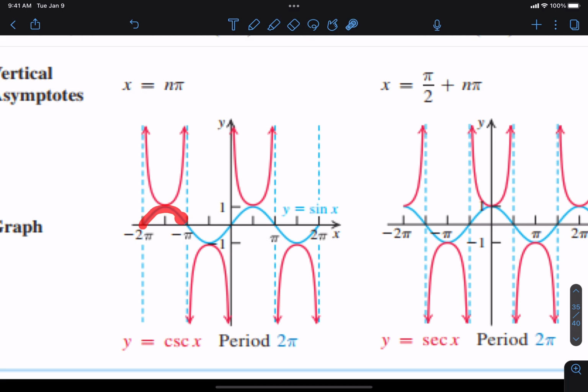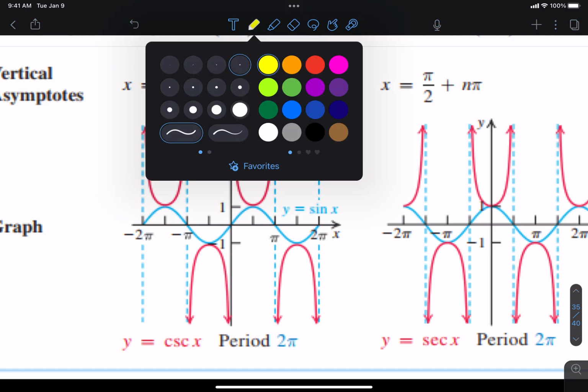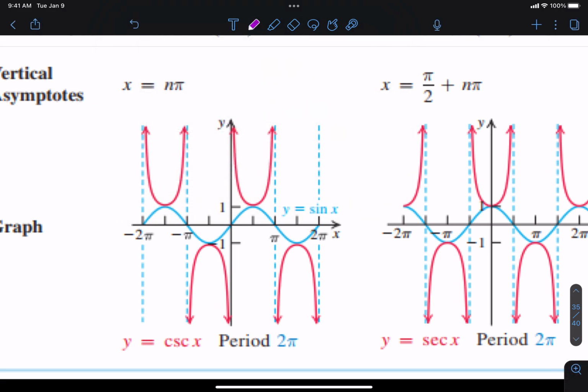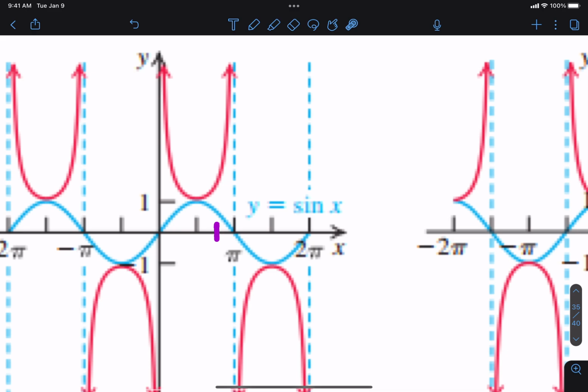This is the graph of sine. Let me change my color pen to something that's going to stand out. How about purple? Okay, so if I am to take this input, how am I to find the height of the cosecant function? What I must do is take this height.